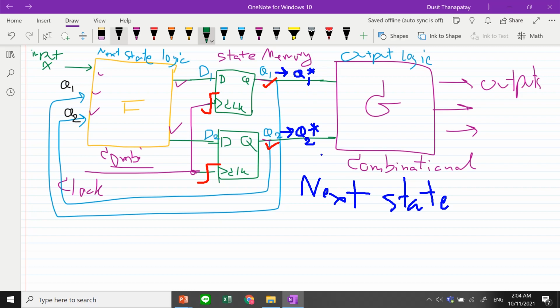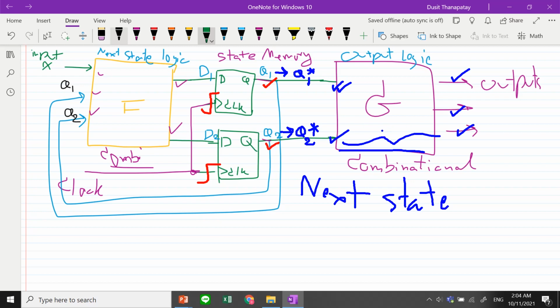And when the state changes to the new state, that means input of G also changes. And because G is a combinational circuit, when input changes, its output also changes suddenly with some propagation delay.